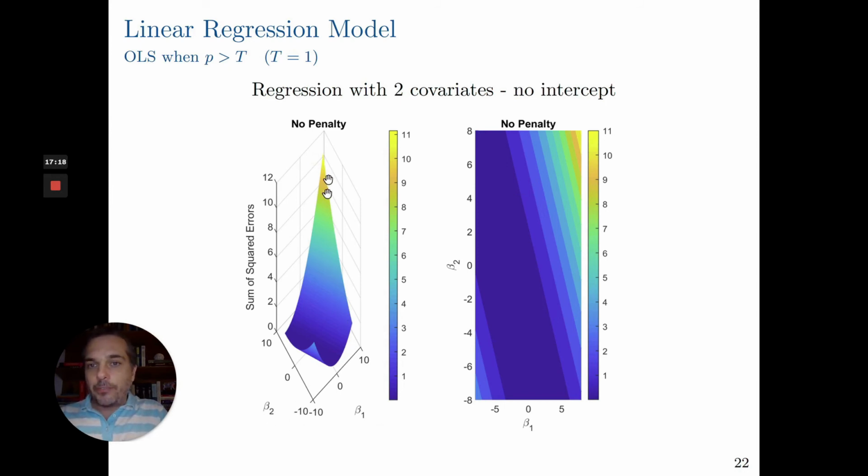In some directions, you have some curvature, but across these directions here, it's kind of a piecewise linear function. And you have a kind of plateau here, where your sum of squares is just constant. So in these areas, you have infinite solutions that give you the same sum of squares. So when you have P larger than T, you don't have a unique solution. It's underdetermined. So you cannot solve the problem.